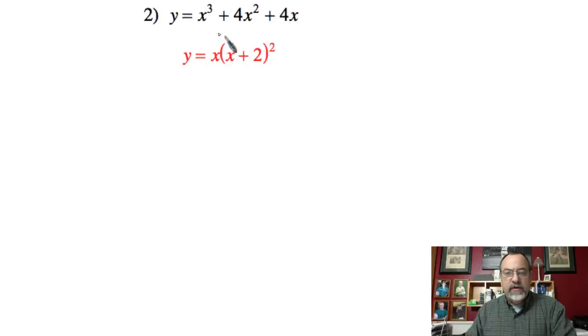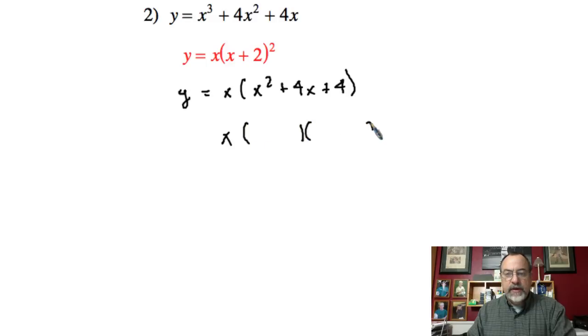In this polynomial, again, x is common. So I can factor out that x, which removes 1x from each of these. This leaves a quadratic in here that I want to factor. Because this initial coefficient is 1, I know this is going to be x and x.